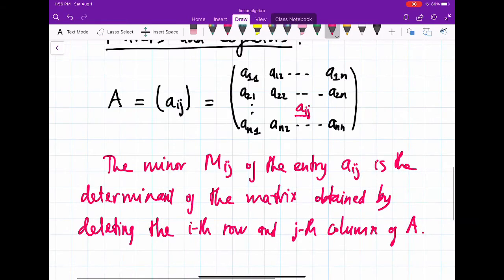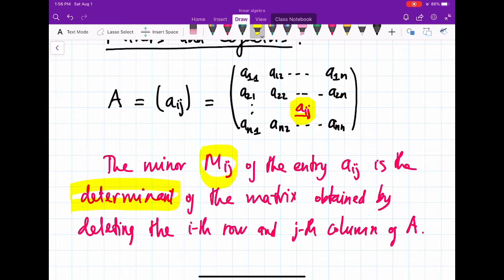Right now we don't know about determinants in general, but we know the determinant of a 2 by 2. We don't know the determinant of a general n by n matrix. Anyway, if I have some entry aij, I can determine the minor Mij of that entry.